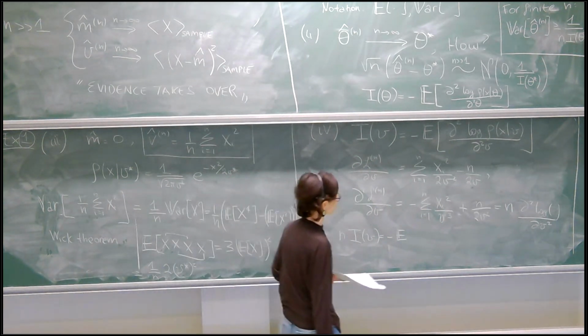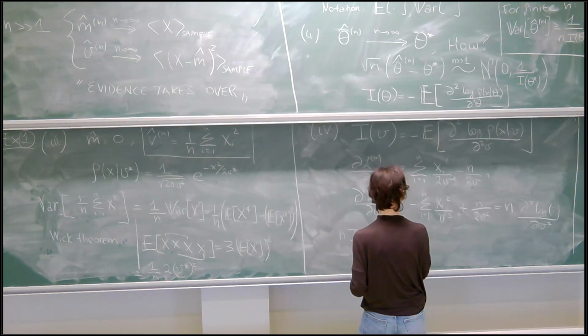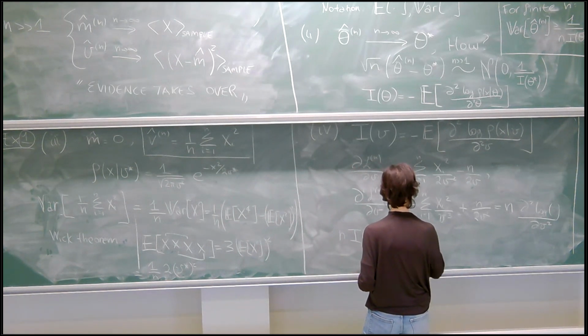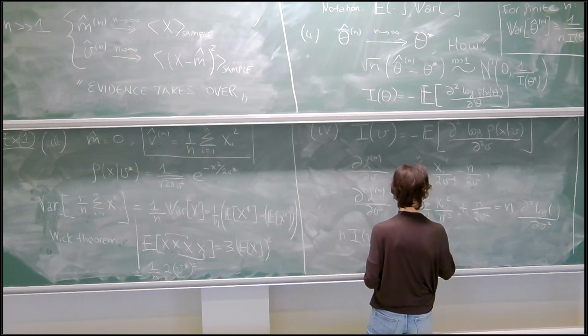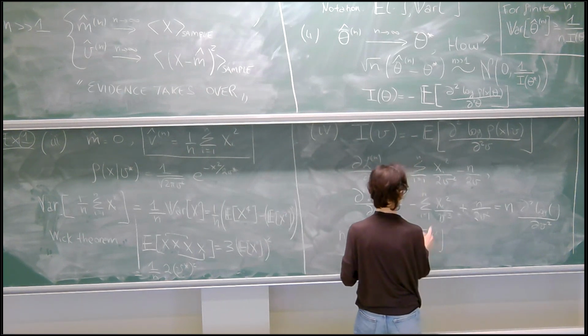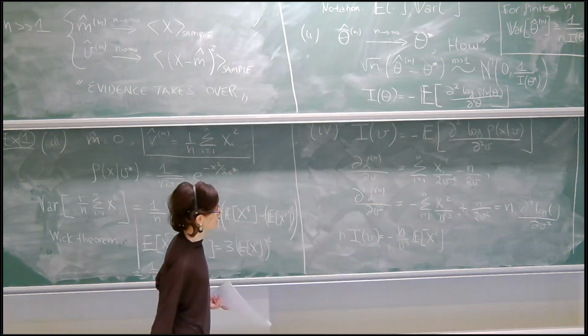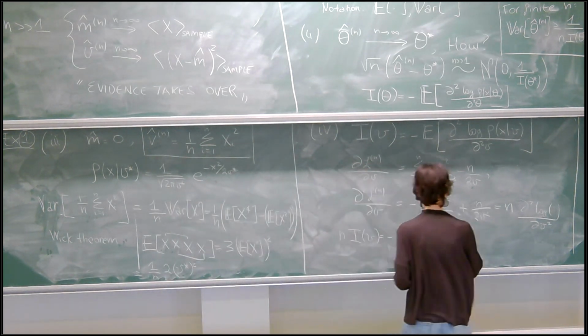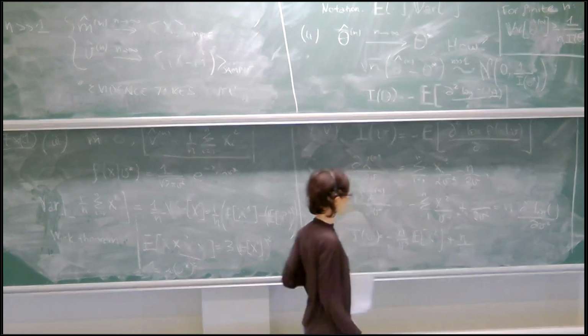So the expectation of the first term is 1 over v cubed times the expectation of x squared, and then I have a factor of small n. And the expectation of the second term is easy. This is just a constant, so this is n over 2 v squared.